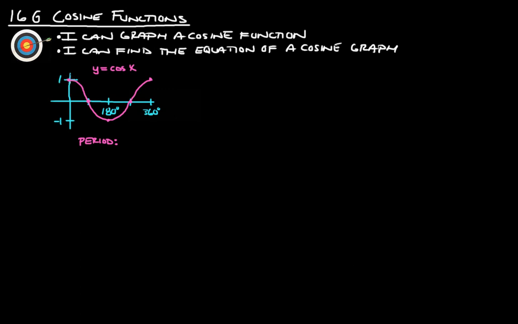So again, cosine started at 1 and then went all the way down to -1 at 180 degrees, and goes back up to +1 by the end of its period, which is 360 degrees, just like the sine curve. All right, so here's the sine curve and here's the cosine curve.